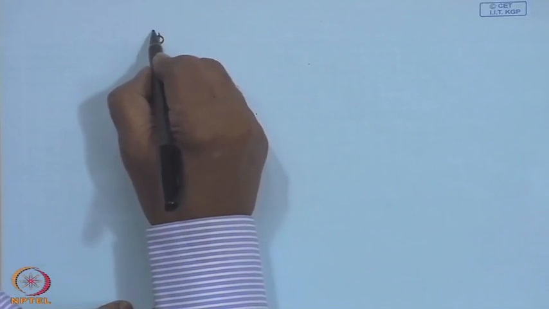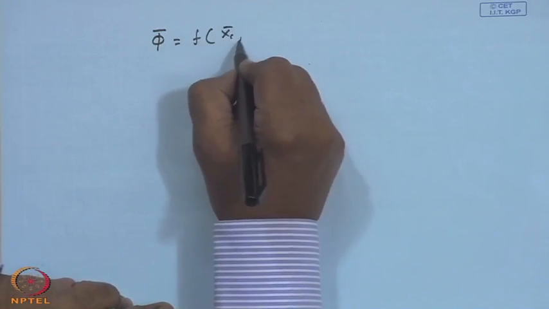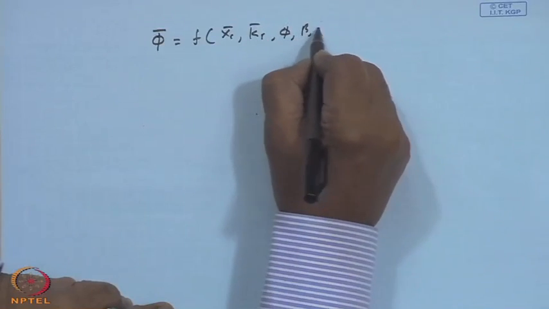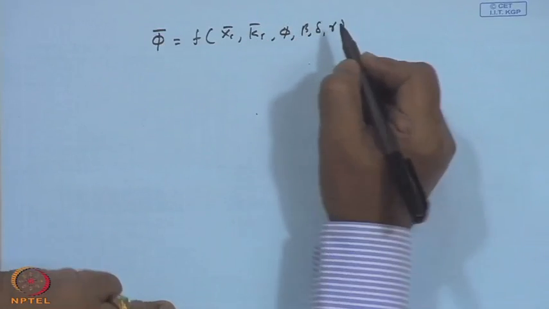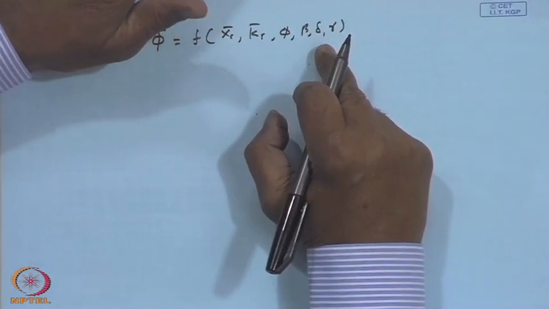But nevertheless, in general, if this is established, you may have a method to get my phi bar in general, valid for x c bar, k t bar, phi beta delta gamma. So, this is the complete picture, even if you take non south facing surfaces into account.